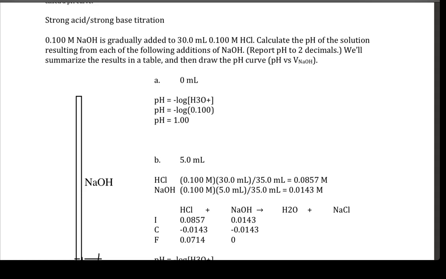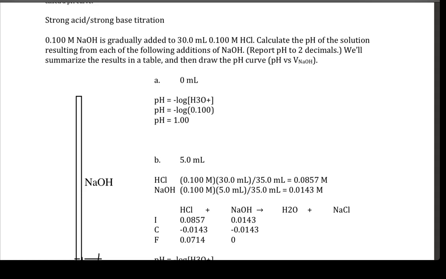Our various steps are shown as 0 mLs, 5.0 mLs, and so forth. That refers to how much NaOH we have added. Initially, we're told to calculate the pH when no NaOH has been added, 0 volume.